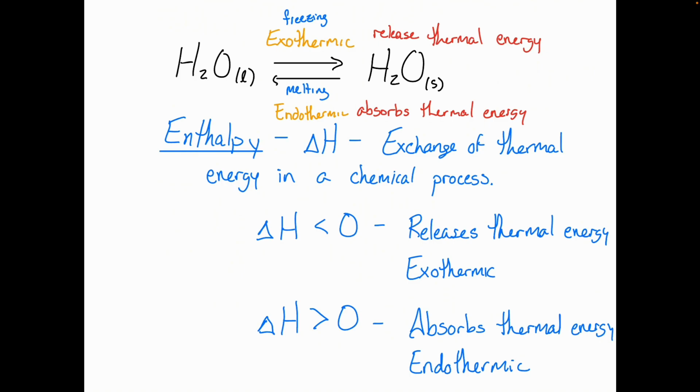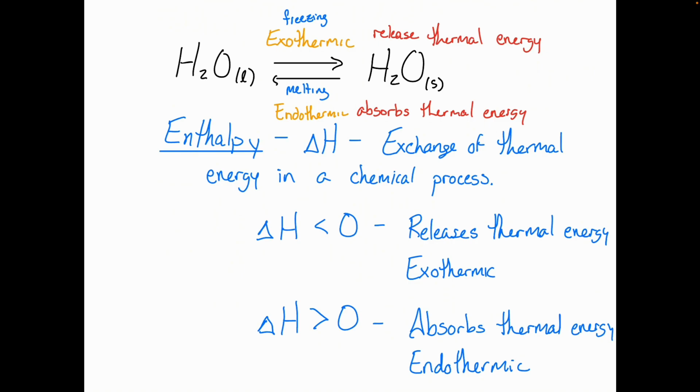All right, so we have fancy terminology here, for reactions or any chemical process. In this case, it's a phase change, not a reaction, but the process that releases thermal energy will be considered an exothermic process. All right, a reaction that absorbs thermal energy is what we call an endothermic process. That corresponds to the sign of that delta H value, right?